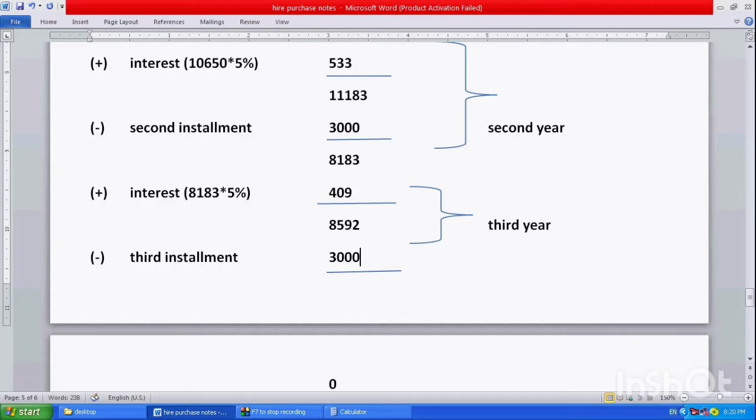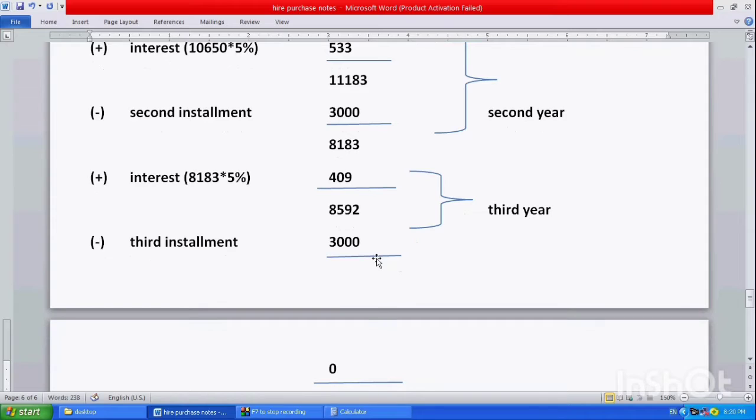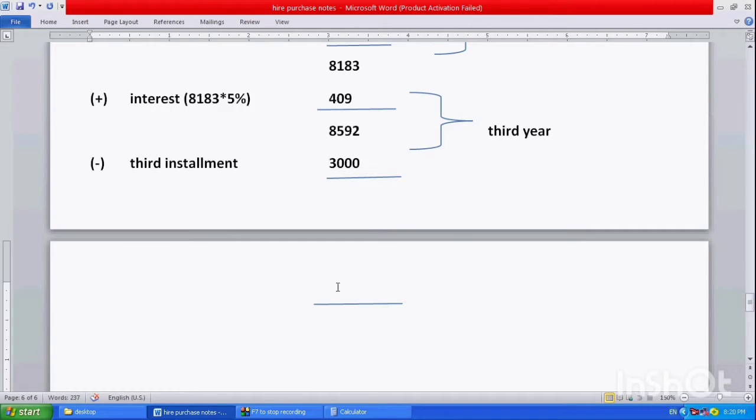Now let's pay the third installment. After paying this third installment, we get 5,592 as the balance. So 5,592 will be the balance.